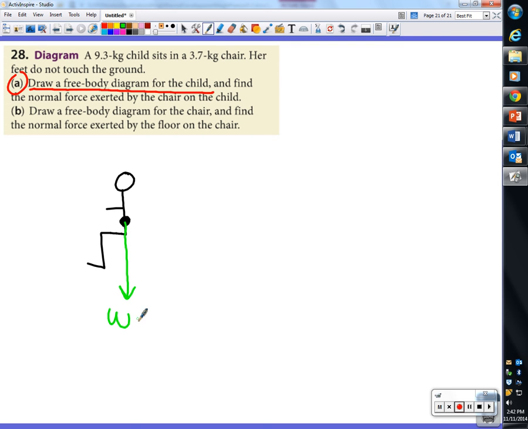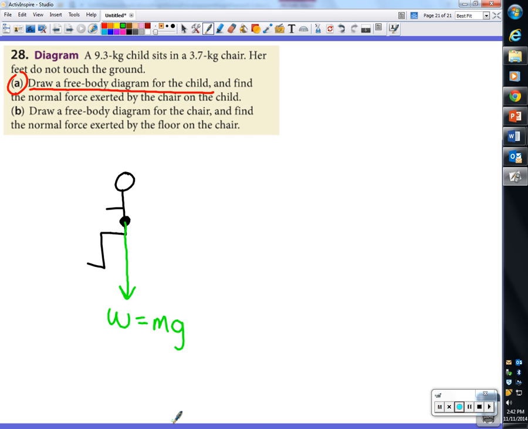Mass times what? That's better. Mass times the acceleration due to gravity. We know that here on Earth that value is 9.81, right? So let's hold on to the negative just for a second.